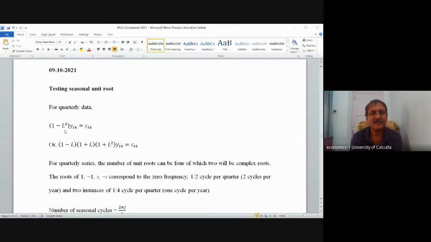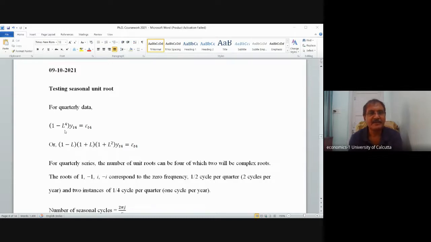If you set this polynomial equal to 0, you will get what is called the inverse polynomial function. Also, you can convert the inverse polynomial function in terms of the characteristic equation by setting 1 by L is equal to Z like this. You have followed this trick in annual time series.